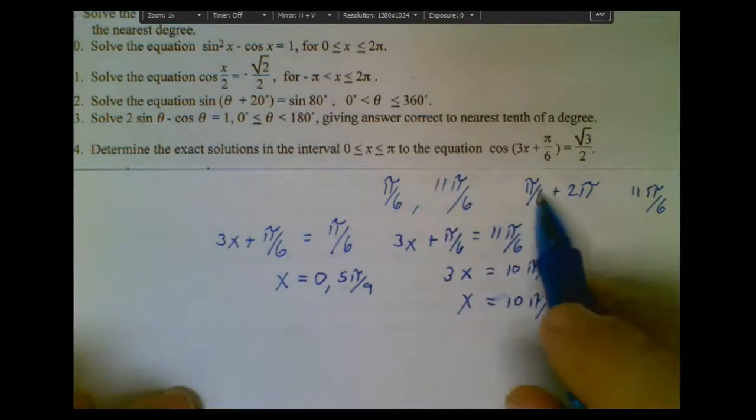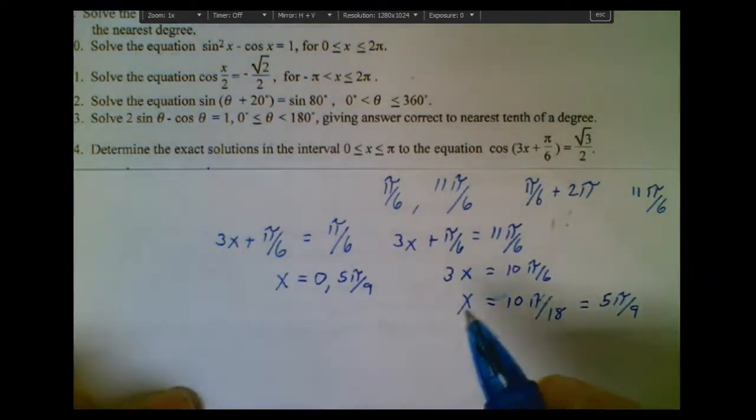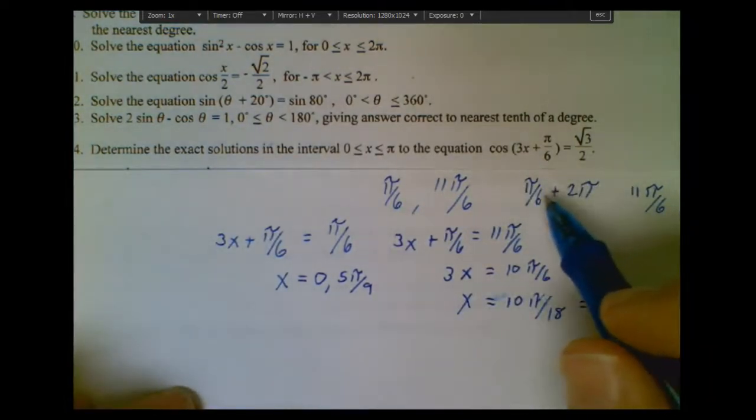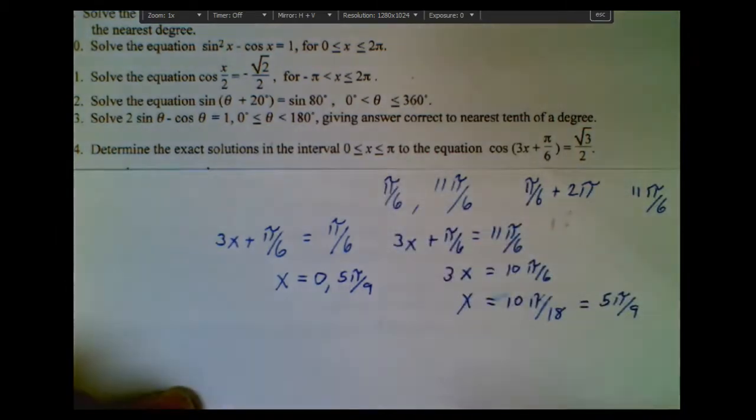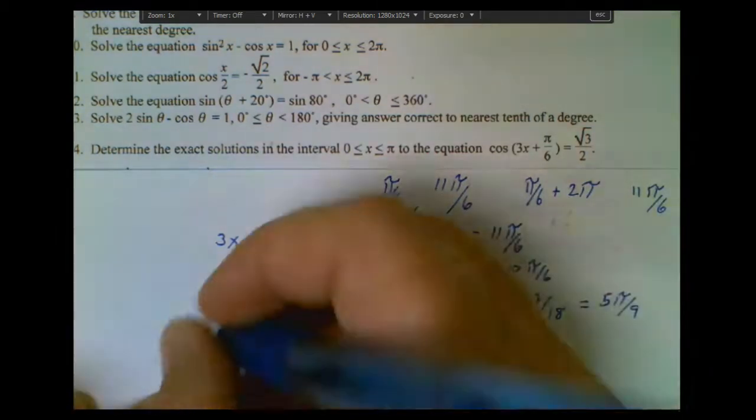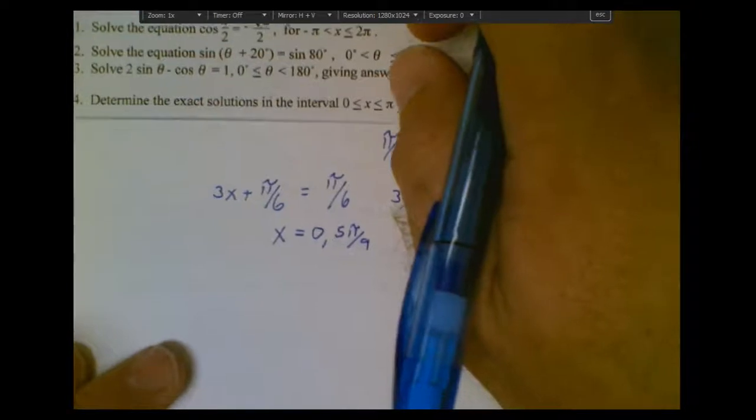So I'm now over to this one right here, where I've gone beyond a full circle, but I need to see if I set it equal to this, does it still give me an answer within the domain? If it does, I can keep going. So let me try to move up a little bit here.